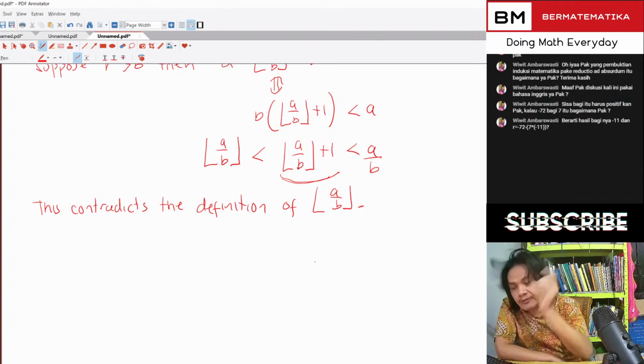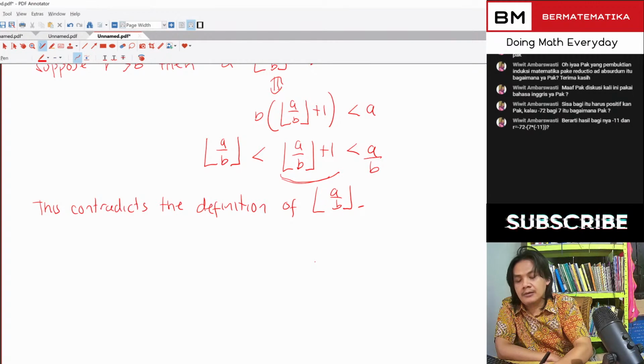Okay, so therefore, the q and r that we take satisfy the requirement.